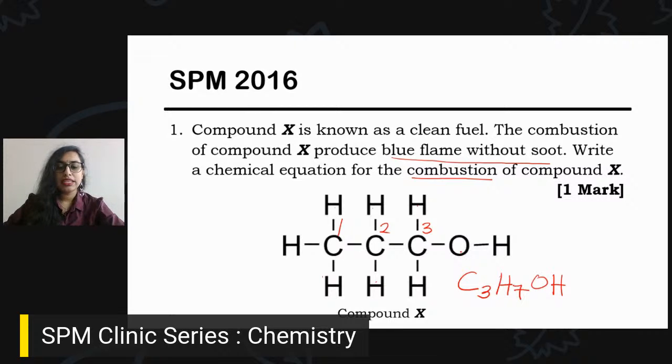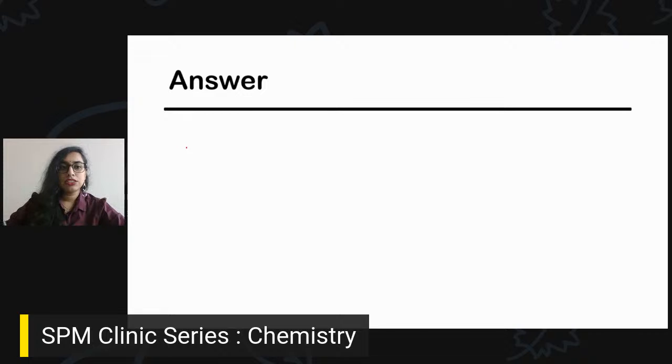So how are we going to write the combustion equation? But before we write it, we have to take note here. They have given the clue of blue flame without soot. What does it mean? It means it is a complete combustion. Combustion has 2 types, complete and incomplete. Complete means compound X burned in excess oxygen.